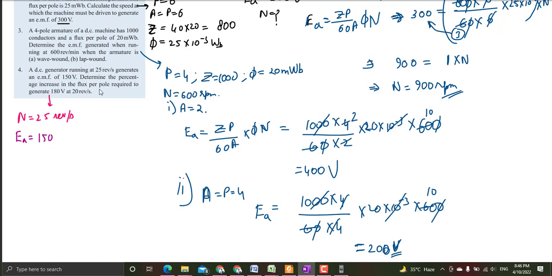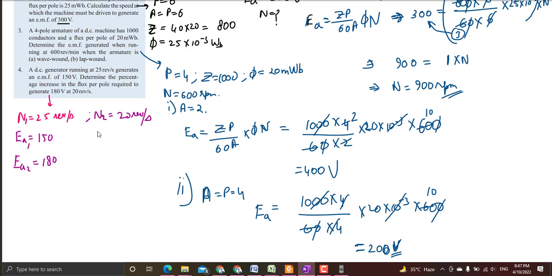Determine the percentage increase in the flux per pole required to generate 180. So this is E1, E2 is given as 180. So this is N1 and N2 is given as 20 revolutions per second.